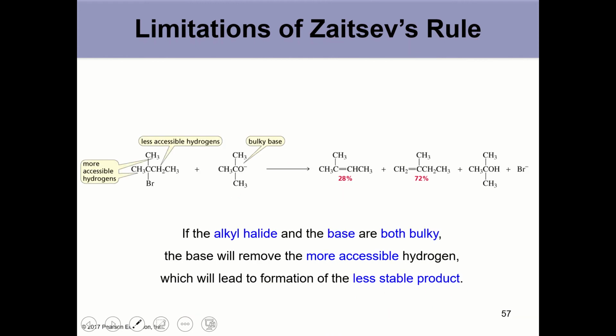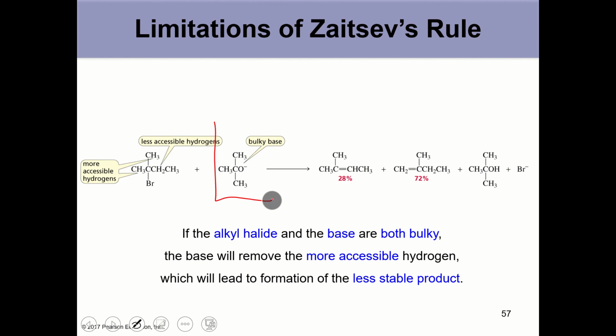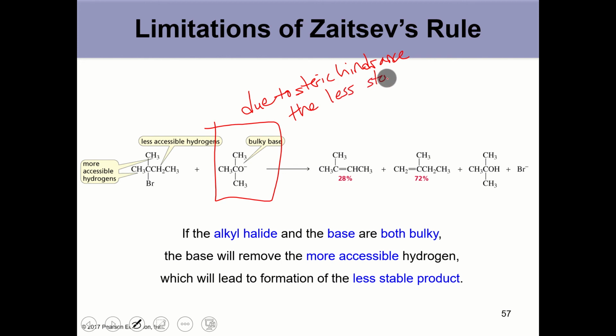Further limitations of the Zaitsev's rule occur when we have a bulky base. If you have a bulky base, due to steric hindrance, the less stable final product will be the major product.